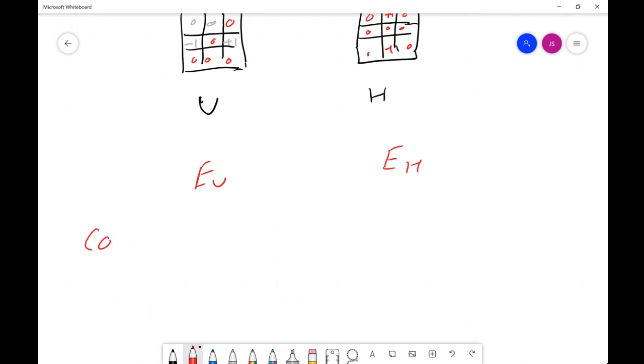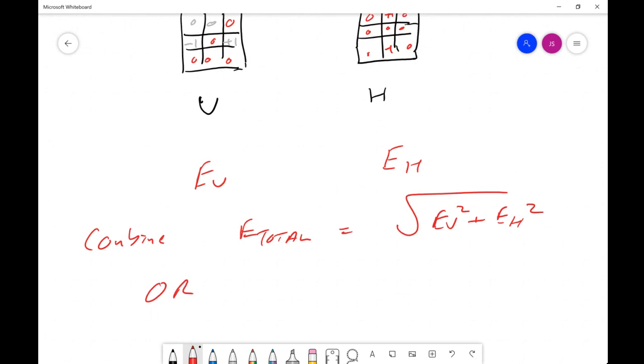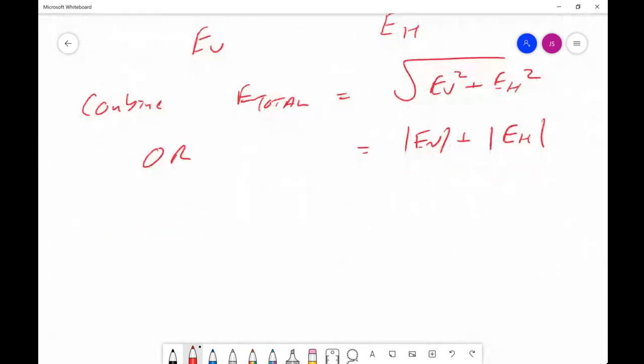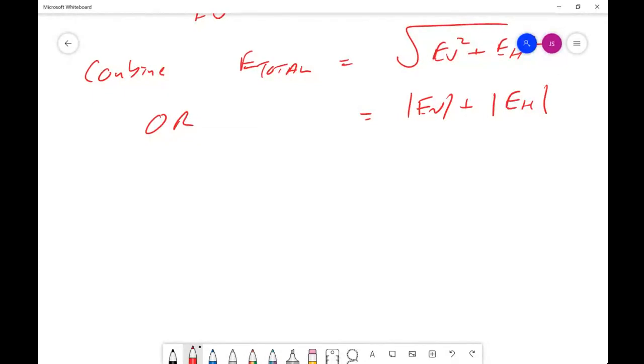You combine them. Either E total is going to be the square root of EV squared plus EH squared, or approximation mod EV plus mod EH. And that's the general principle of getting an edged image.